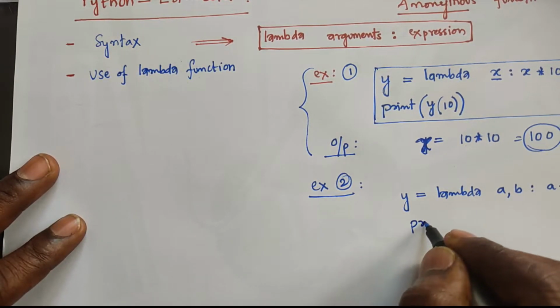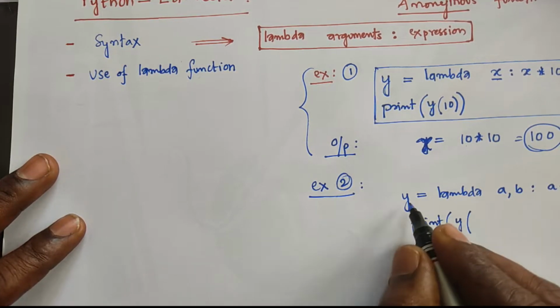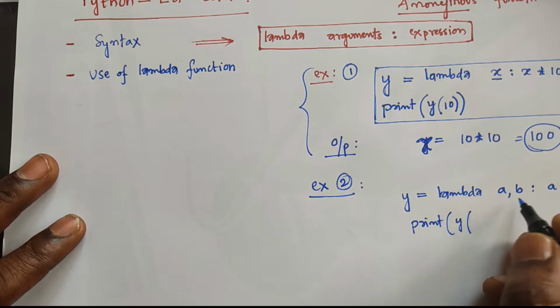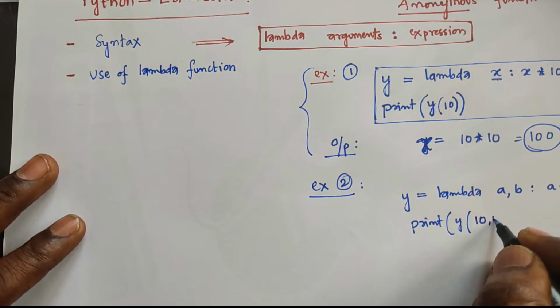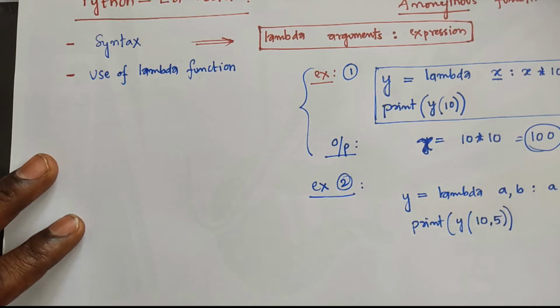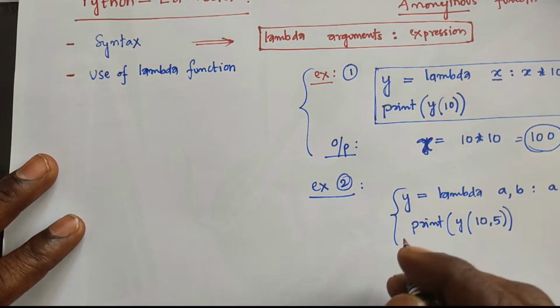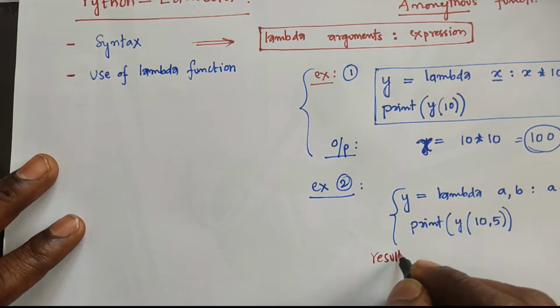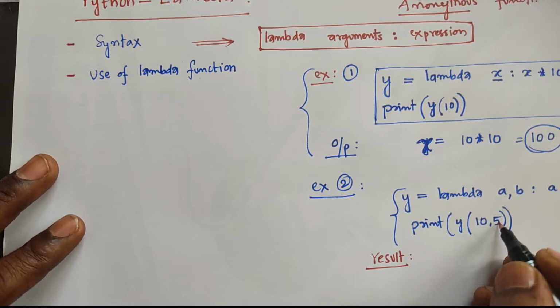After that I am writing print y of, and in that y the arguments have to be a and b. So I am using 10 comma 5.